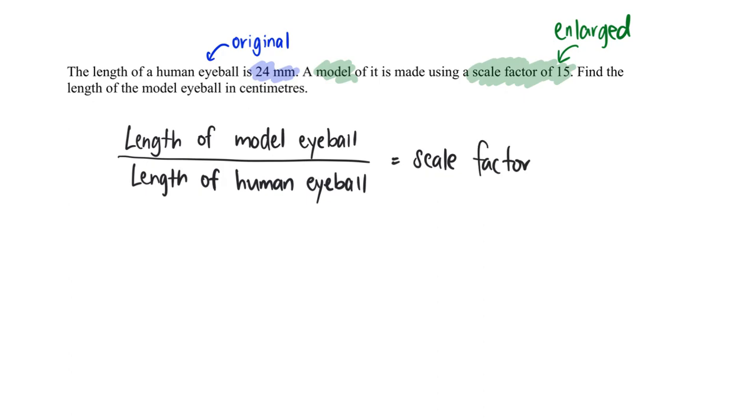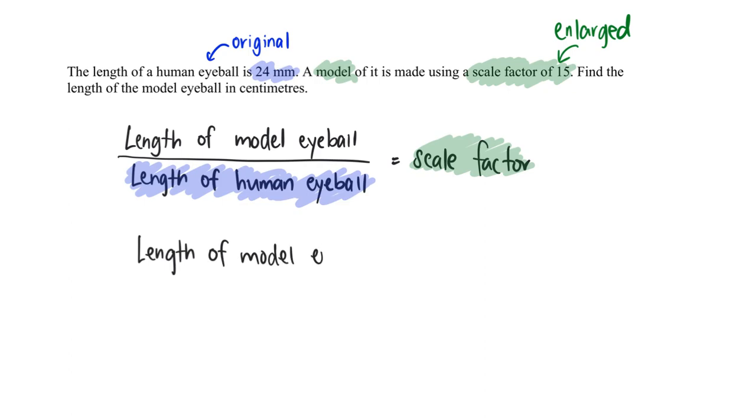Then we could just substitute the numbers in. This will be the length of the human which we are given. We are also given the scale factor, and therefore we could easily find the length of the model eyeball by simply multiplying 15 by 24, and this will give me a value of 360 millimeter.